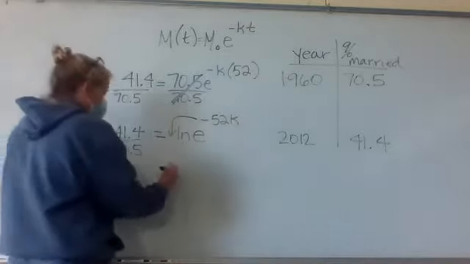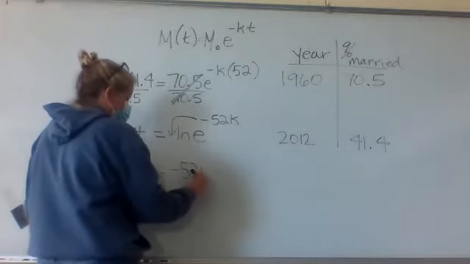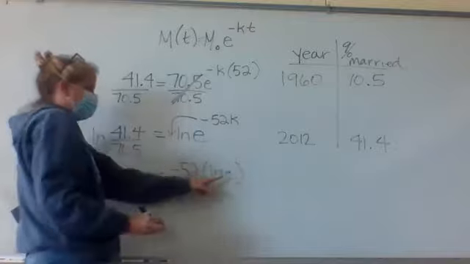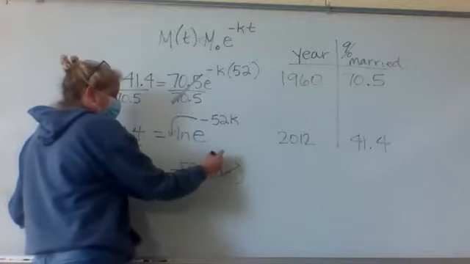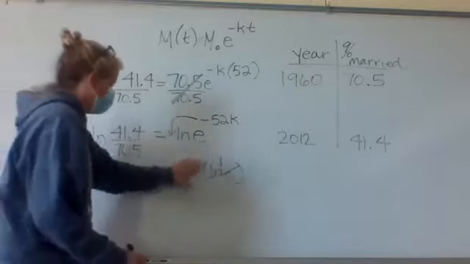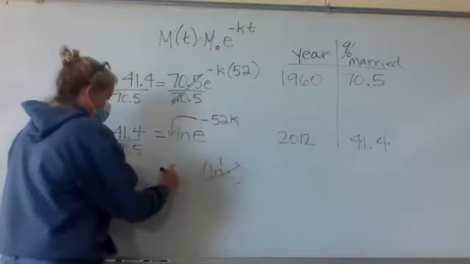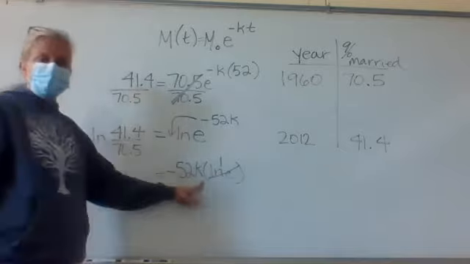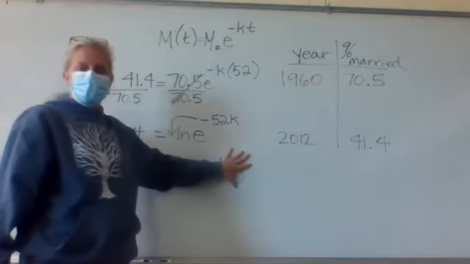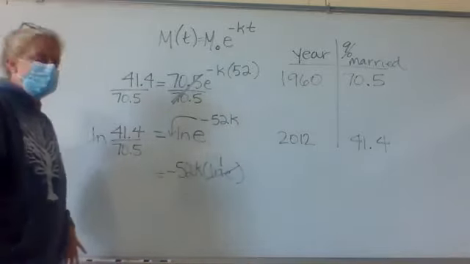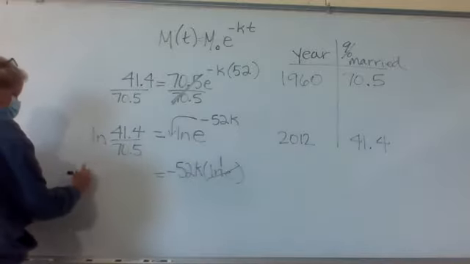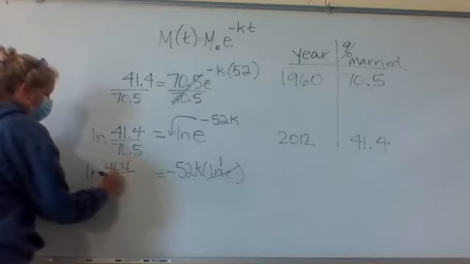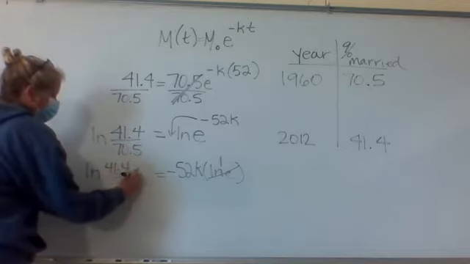So now I have negative 52K times ln E. Now remember, ln E is just equal to 1, so that just says negative 52K times 1, so I don't even need that, right? Just bring this down. ln of 41.4 over 70.5.